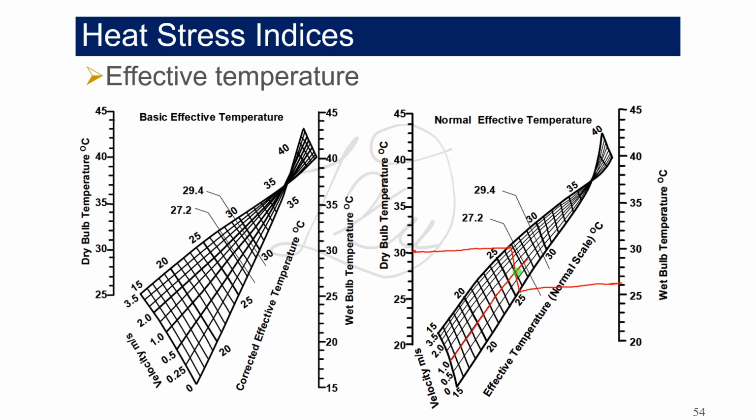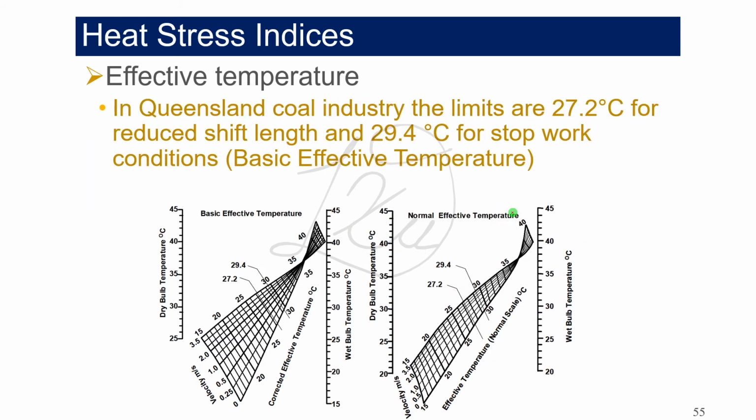So roughly here is a temperature of about 26. The Queensland coal industry uses effective temperature, so 27.2 degrees for reduced shift length and 29.4 degrees for stop working condition.